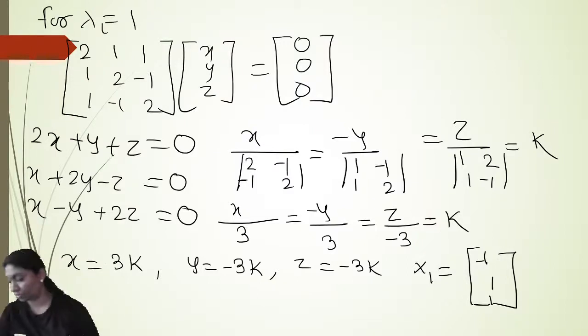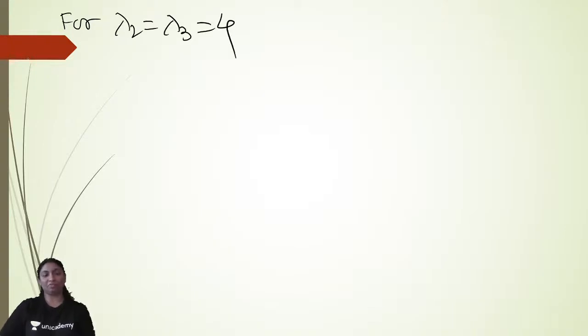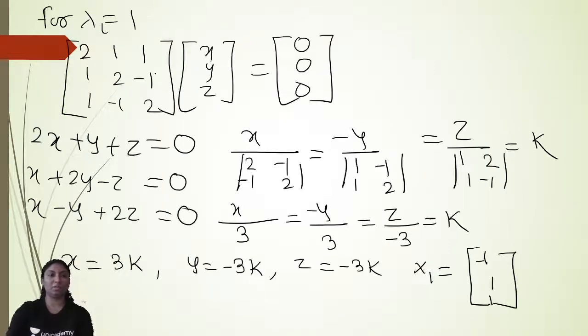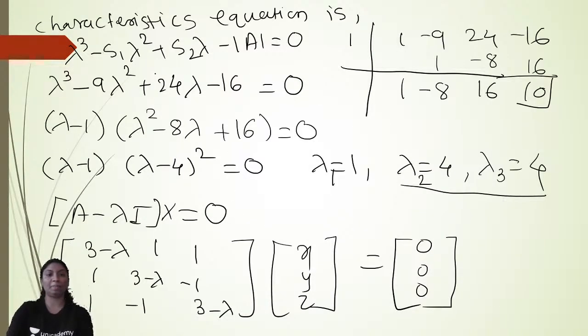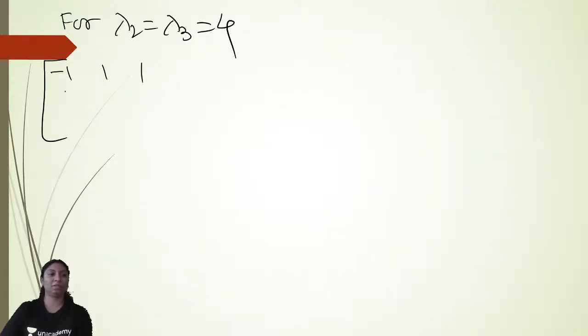So for the eigenvalue lambda 2 is equal to lambda 3 is equal to 4, we will consider first the matrix A minus lambda I, that is 3 minus 4, in this form: [minus 1, 1, 1; 1, minus 1, minus 1; 1, minus 1, minus 1].